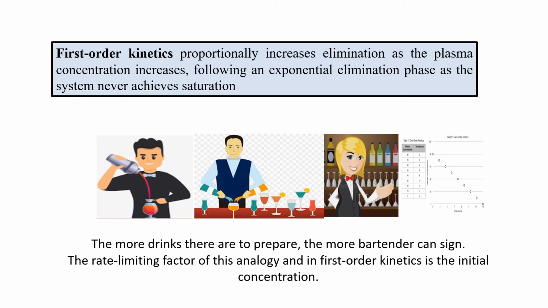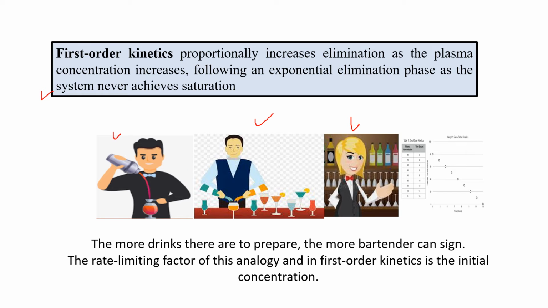Next, the first order kinetics. Here you can see elimination proportionally increases as the plasma concentration increases, following an exponential elimination phase, as the system never achieves saturation. So what does it mean? Let's again take the example of the bartender. He was alone at the time. Now he has a lot of friends. If he has more orders, he will bring more friends.